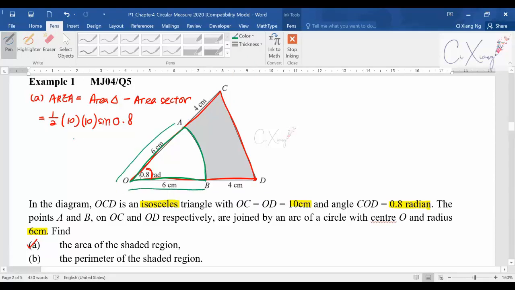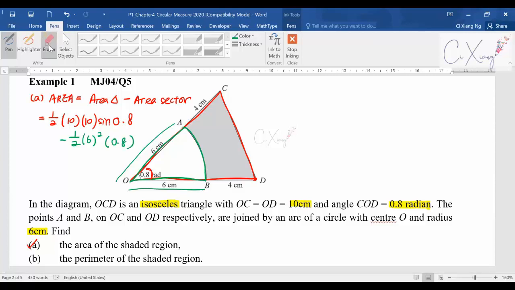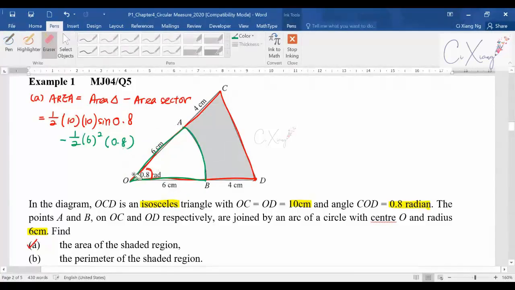So you take minus half R square, means 6 square theta. Your theta is 0.8. You can see that the data that I put is in the unit of radian, so I'm using 0.8 here. Then you can just press the calculator, and the value that you get should be 21.5.